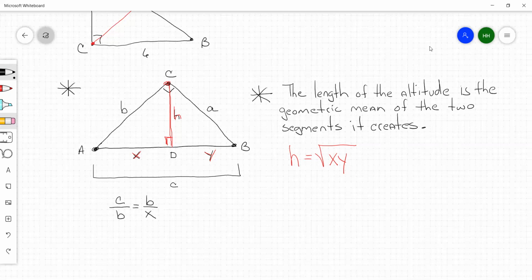That means this whole hypotenuse of the big triangle over its adjacent leg is equal to the adjacent leg over this piece that was created. Y'all see it? So this is also true. What is c over a going to be equal to? If c over b equals b over x, then what is c over a going to equal? A over y, very good.